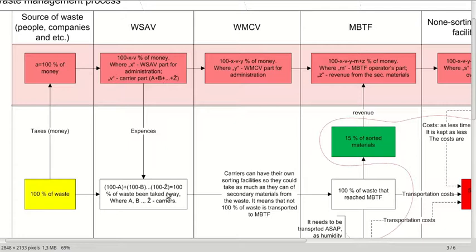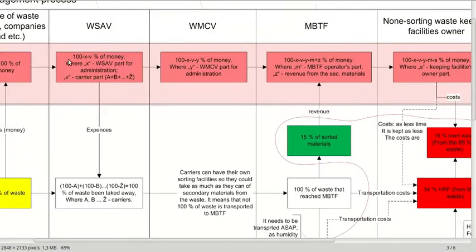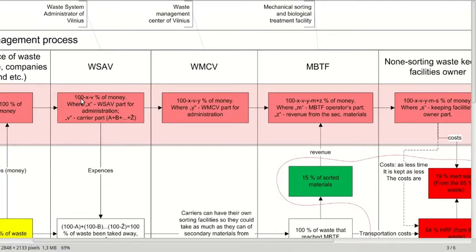These are the carriers. And it means that 100% is no longer 100% of money, because the waste system administrator of Vilnius takes some part of it, and also the carrier part.